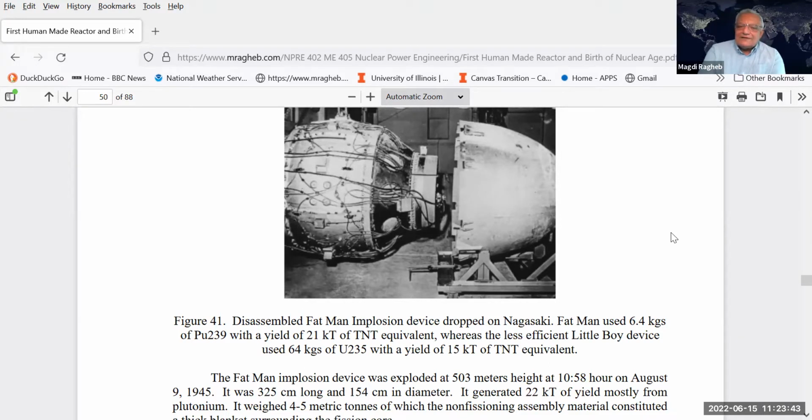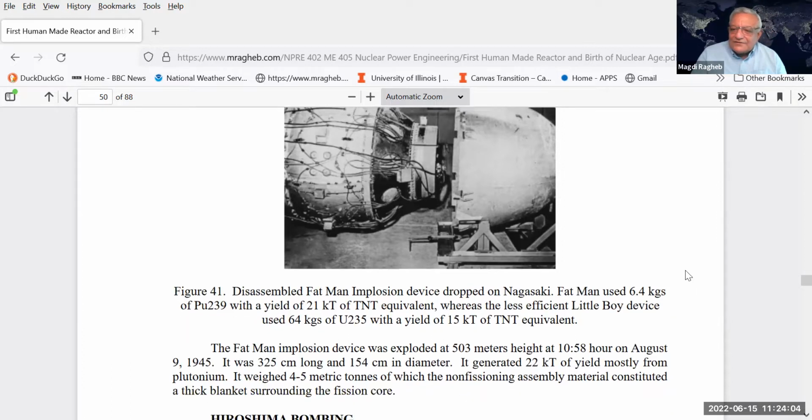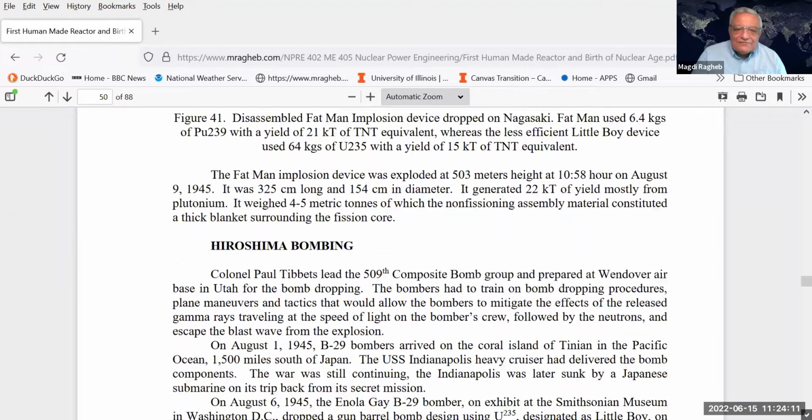You find countries like North Korea, Pakistan, as well as Iran, opting for the gun barrel concept, or maybe they should turn it into an implosion process using uranium-235. But it's more economic, as you could see here, to use plutonium: 6 kilograms rather than 64, 10 times as much fissile material for the uranium-235 weapons.